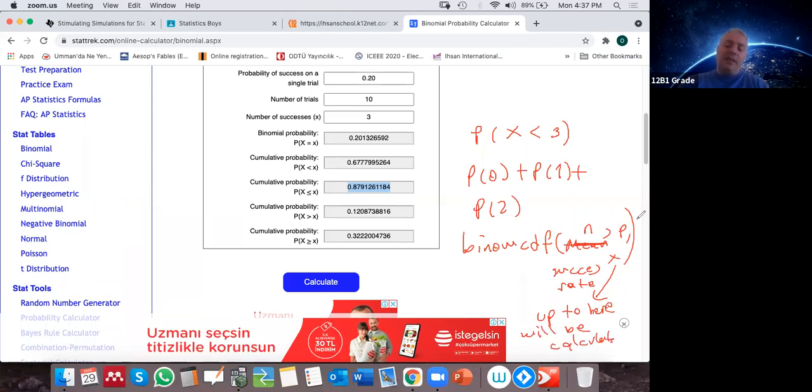What does it mean? It means that if I put here 2, I will get the answer of this. I mustn't put here 3. So this 2 means here includes also 2. I mean this formula, P0 plus P1 plus P2, that's it. Since this is tilde 2, okay? If tilde 2.